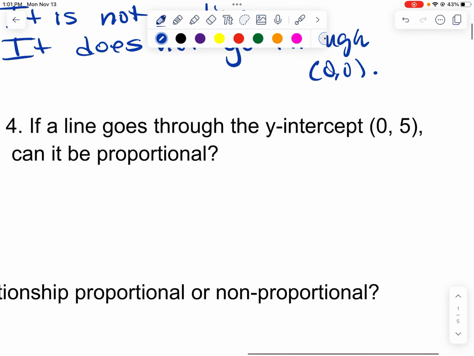If a line goes through the y-intercept 0, 5, can it be proportional?